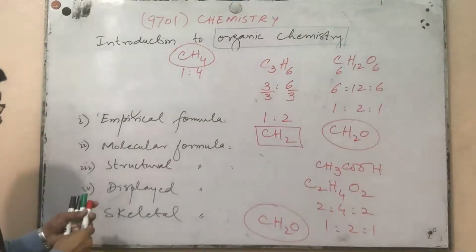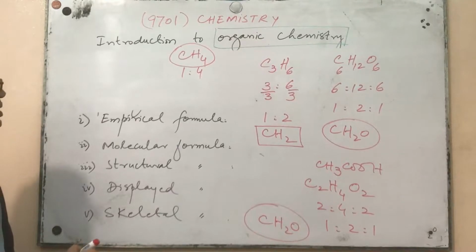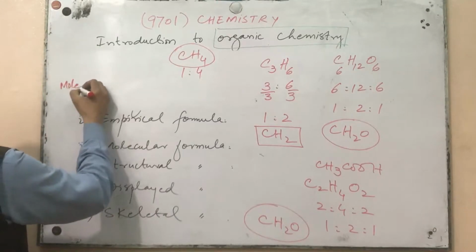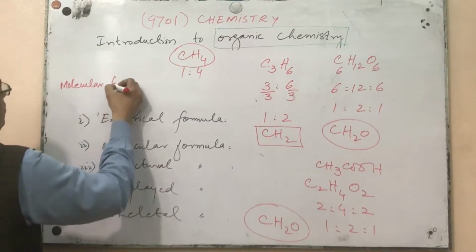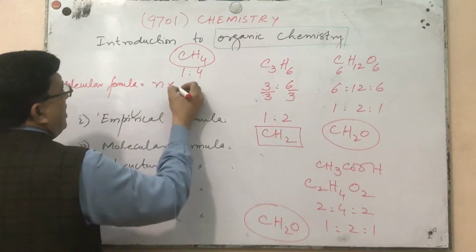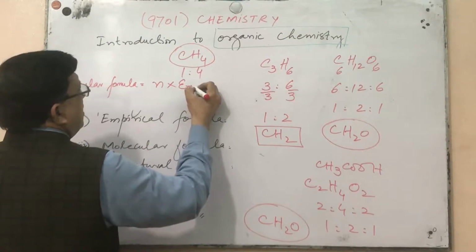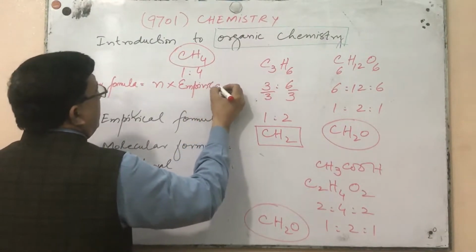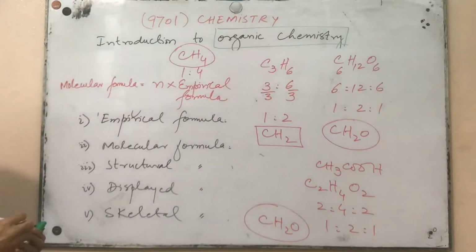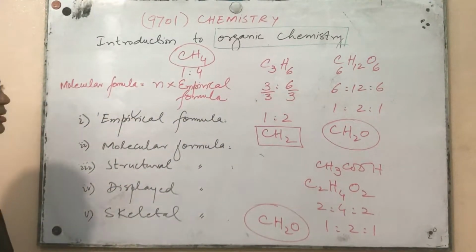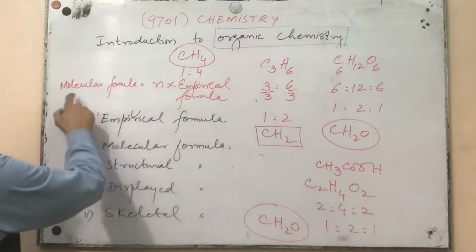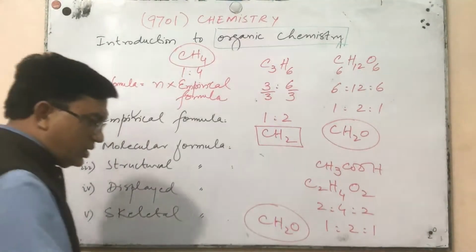How are these formulas interrelated? The molecular formula can be obtained by multiplying the empirical formula by n, which is obtained by dividing the molar mass by the empirical formula mass. In this way we can easily calculate the molecular formula of the substance.